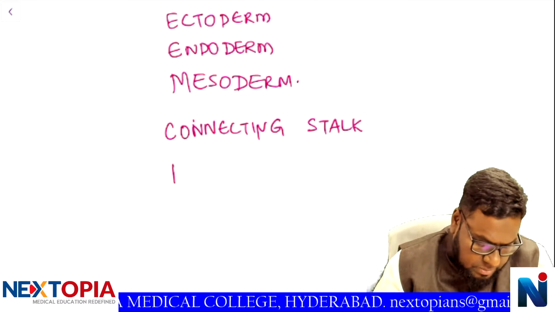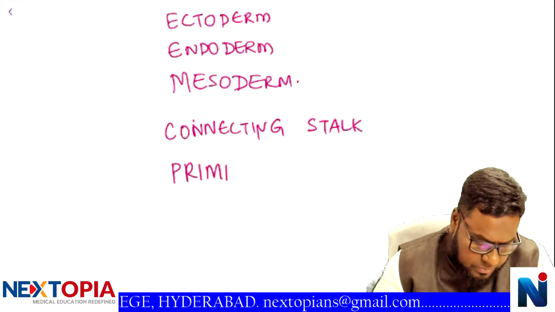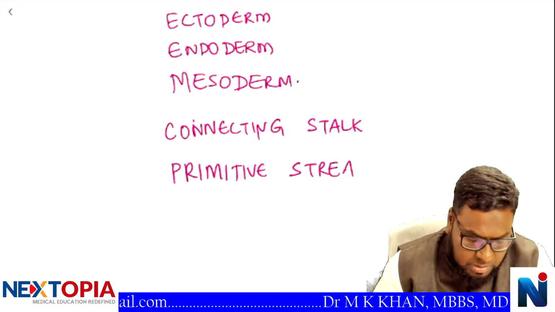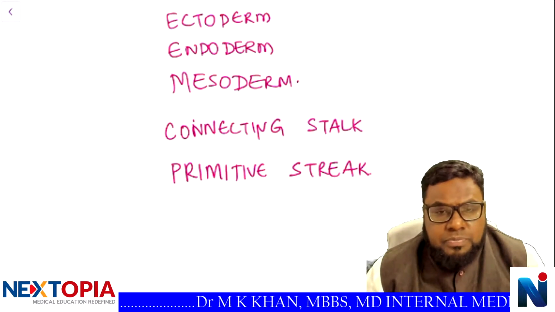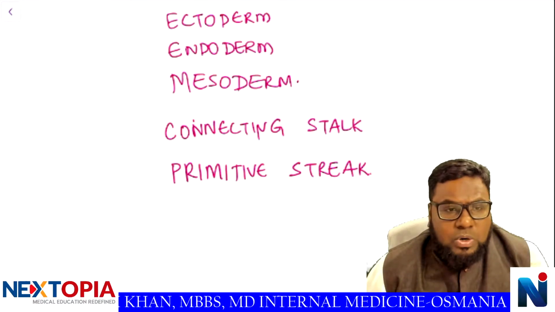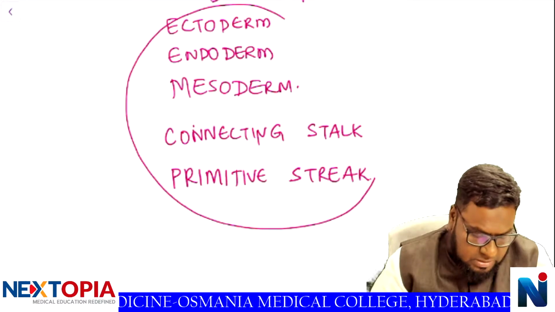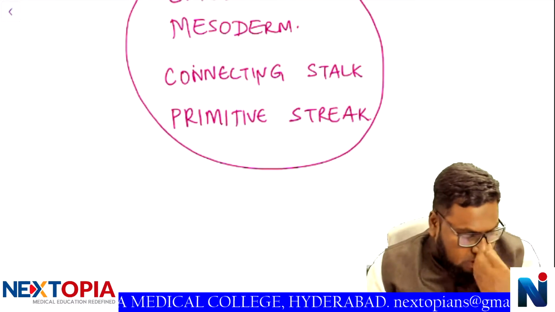And how is the primitive streak formed? What is the importance of primitive streak in formation of the brain and the central nervous system? Then we'll talk about the layers which are surrounding the ectoderm, endoderm, all these newly formed embryo.